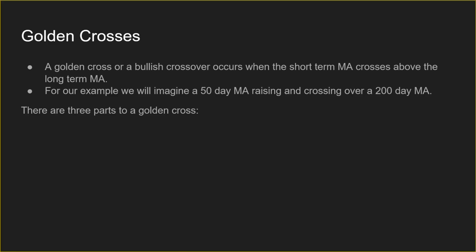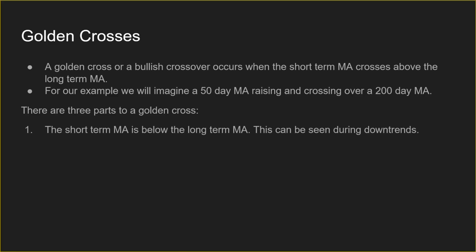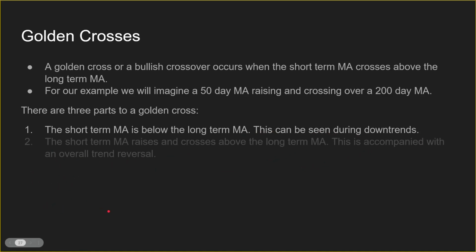So there are three main parts to a golden cross. First part is the short-term moving average is below the long-term moving average. So we're starting off in a downtrend. Prices are going downwards. At some point, prices are starting to recover. Maybe we're starting to see a shift in the market structure, and as a result of that shift, prices are starting to go up.